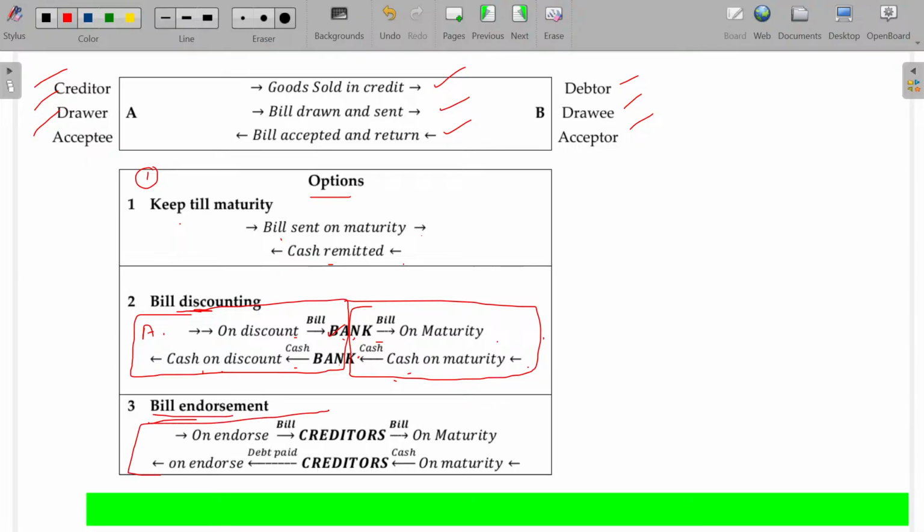It is similar, but rather than giving to the banker, I hand it out to the creditors for my due. So on endorsement, the bill is given to the creditors, because of that the debt is paid, the due is settled. And the creditors on maturity hand it over to B and encash it. So these are the three options we have. Is that clear? Hope you are now able to understand.